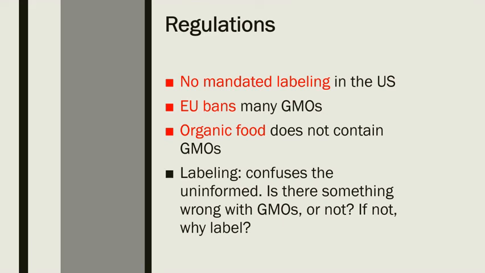It's not just a name, but companies that put the organic label on their food have to meet certain standards. And so the labeling is important because if there's not uniform labeling, people who are not informed don't know what's going on. So there's really no way to tell from the labeling whether GMOs are safe. And so some people think if it's labeled, it must be unsafe, which is not necessarily true.